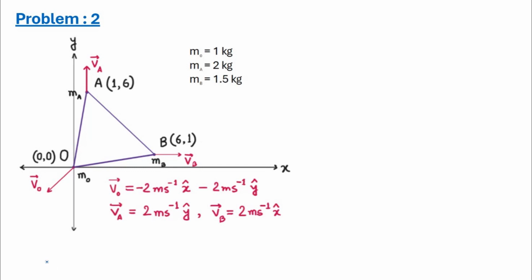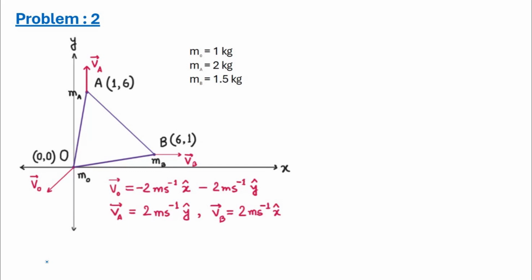MA is located at point A, and MB is located at point B. All of their positions are given in terms of the coordinate system, and their masses and velocities are also given. So it's a straightforward problem. All we have to do in order to find the position and the velocity of the center of mass is to use our known formulas.